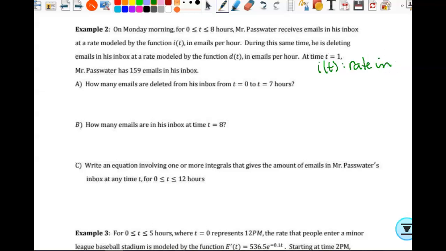During the same time, and that whole same time is important, he is deleting emails in his inbox at a rate of D of t, and that's your rate out. At time t equals 1, he has 159 emails in his inbox. So A of 1 is 159.